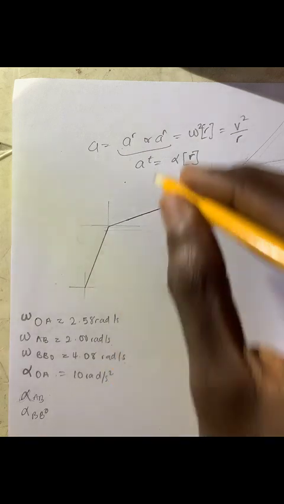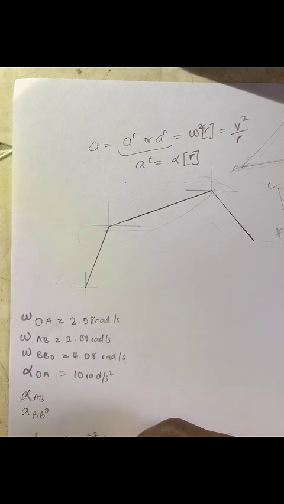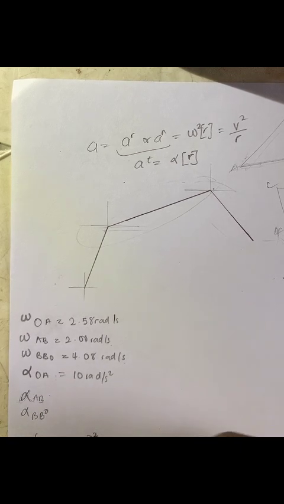So how do I get my radial? Now, I have to get the radial of each component. For me to get the AR of OA, it is going to be 2.58 squared times the radius, which is 0.3, because we are changing to meters.